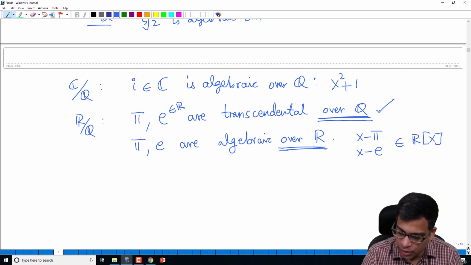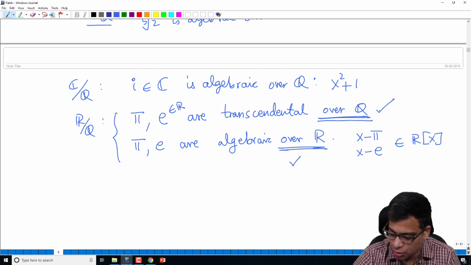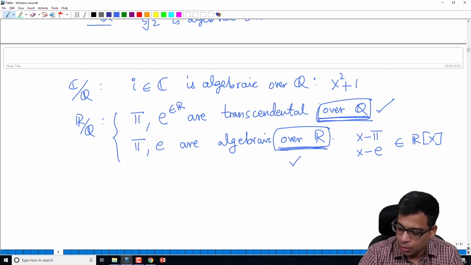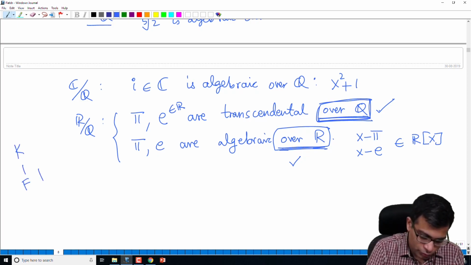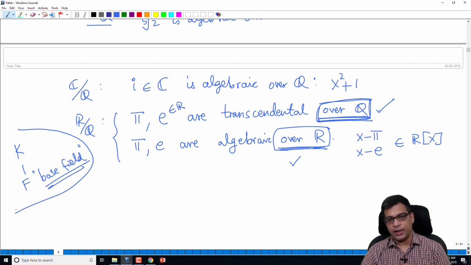So they are algebraic over R, they are transcendental over Q. So this is a good illustration of why it's very important to emphasize the base field. Whenever you have a field extension, the terminology is that F is called the base field. So in all these considerations, the base field is very important.